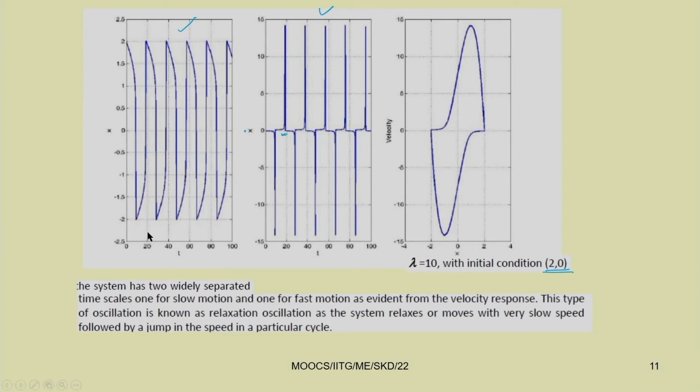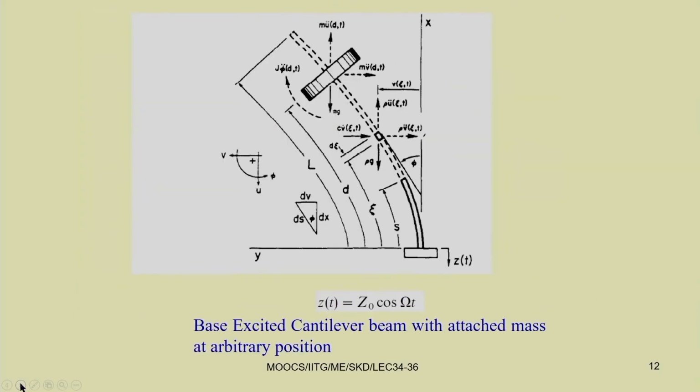By taking the parameter lambda greater than 1 you see relaxation oscillation, and by taking it equal to 1 you have seen the limit cycle, which has a time response similar to a sine or cosine term. Here you have seen periodic responses of the systems.